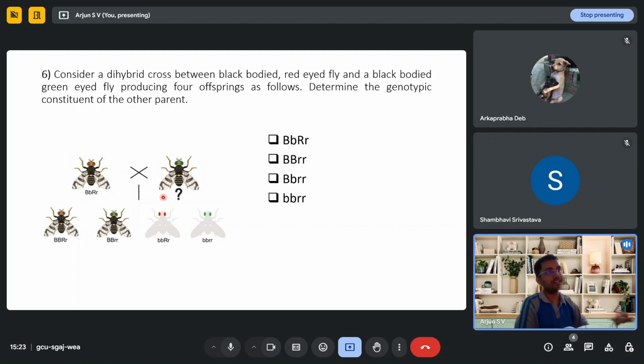So in this case, the black-bodied red-eyed is not homozygous; it's heterozygous. But in this case, it's homozygous.